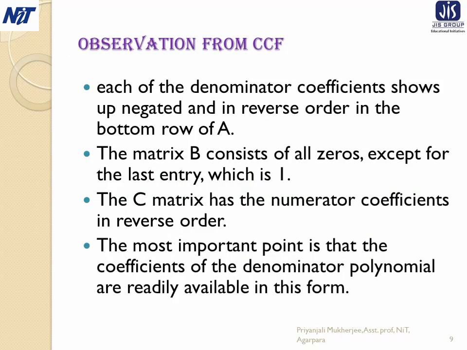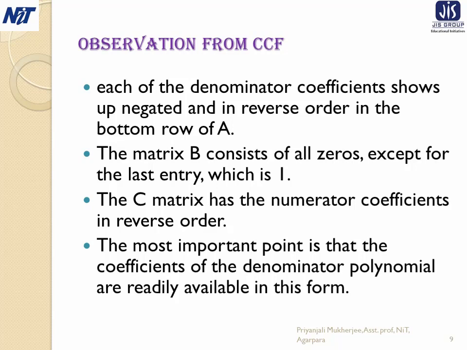Next is, what are the observations from the controllable canonical form. Here we can see that the denominator coefficients appear negated and in reverse order in the bottom row of the A matrix, or the system matrix. The B matrix consists of all zeros and the last entry is 1, and the C matrix has the numerator coefficients in reverse order.